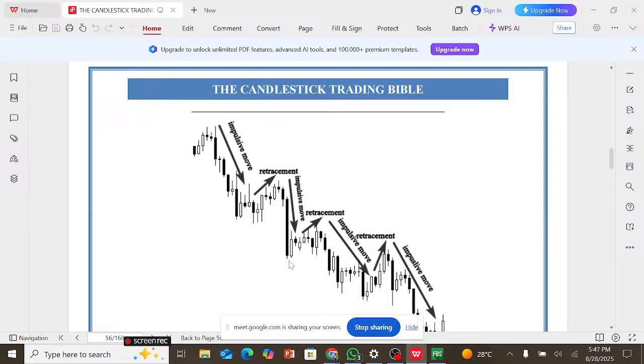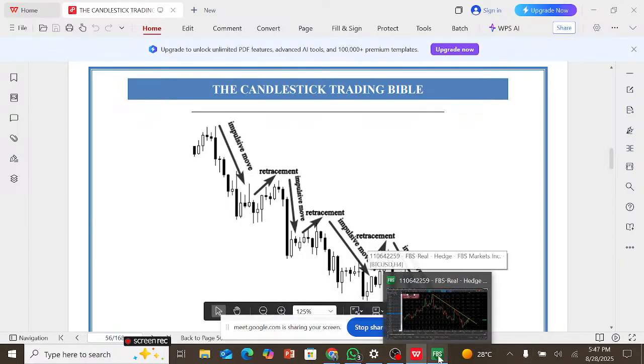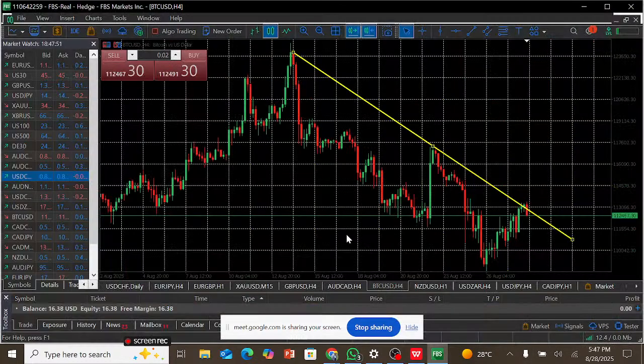Now, how do we identify this? How can we make a trend line which helps us identify when a retracement will finish and we take a trade? So, for example, let me use this example. Here Bitcoin has moved.